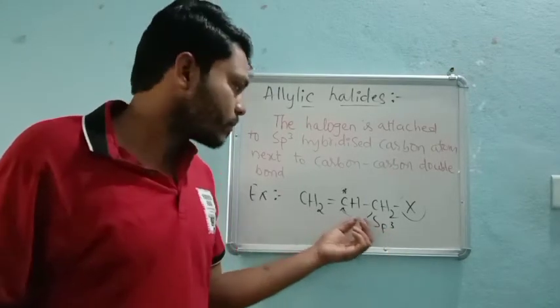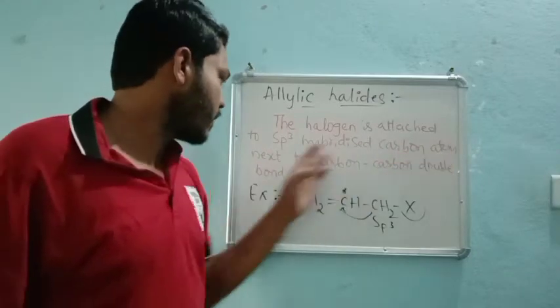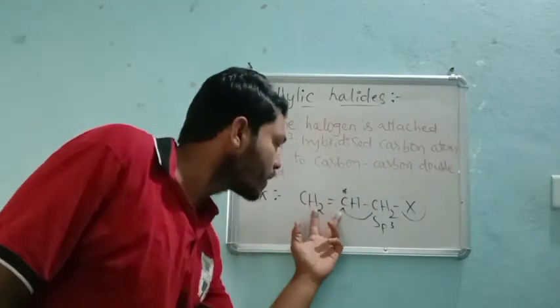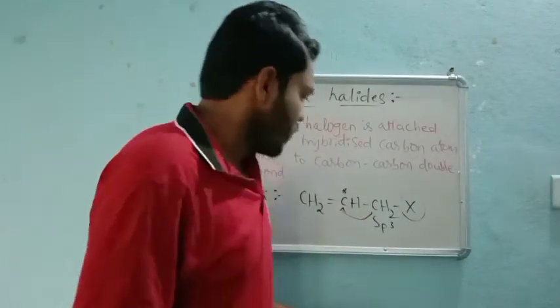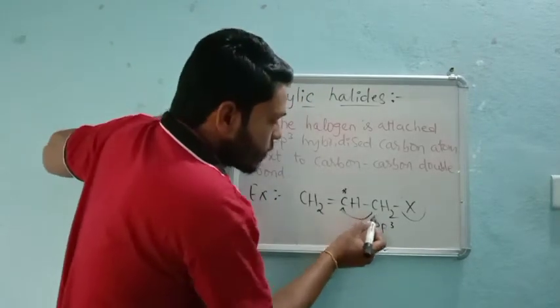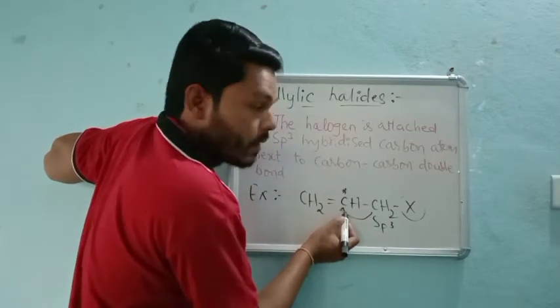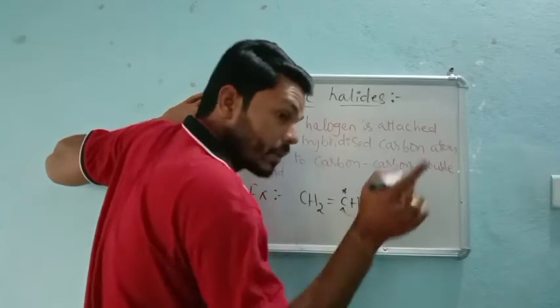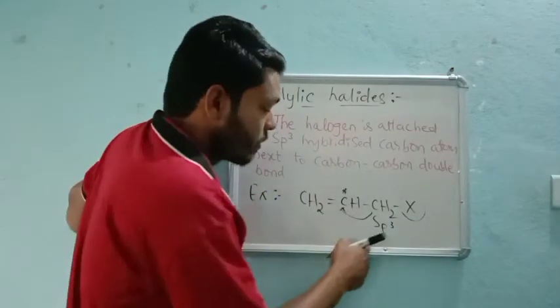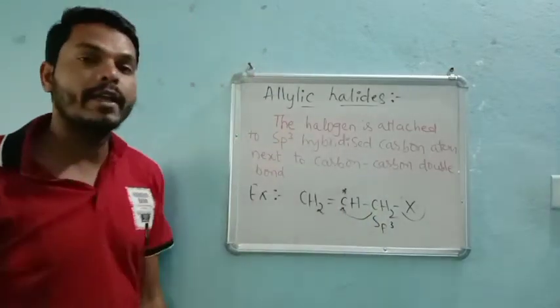And next, the sp3 hybridized carbon atom is next to a carbon-carbon double bond. That means this carbon should be attached to the sp2 hybridized carbon, but the halogen is attached to this carbon only, and that particular carbon should be what? sp3 hybridized. Such a condition is called allylic halides, right?